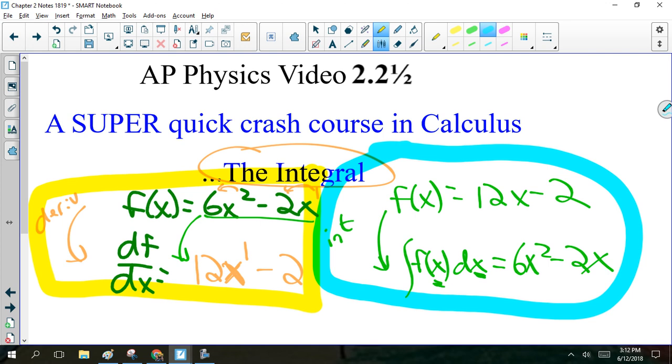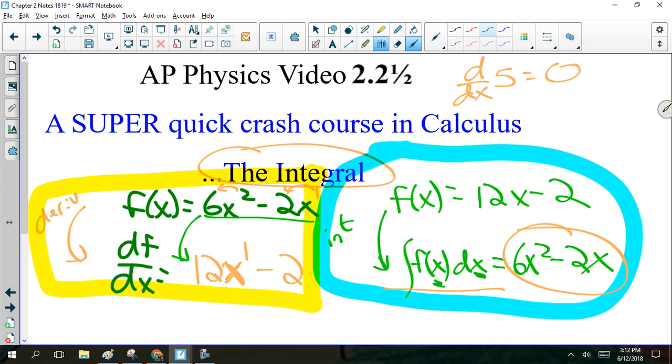Now, unfortunately, it's not quite that easy, because as we're going to see, this is not the only answer. The reason for that is this: what's the derivative of a constant? What's the derivative of, say, 5? Well, that's just 0.